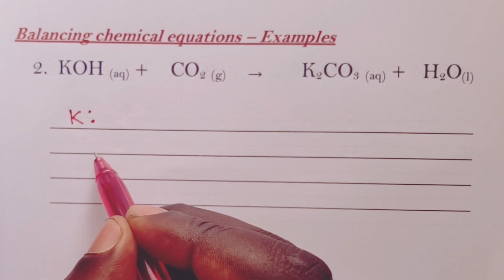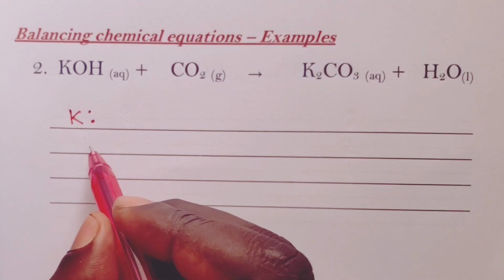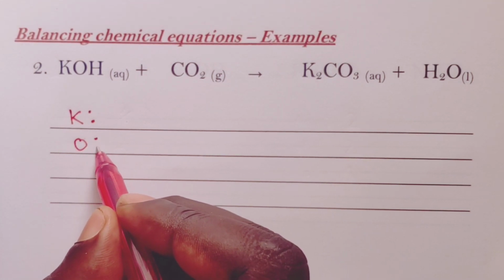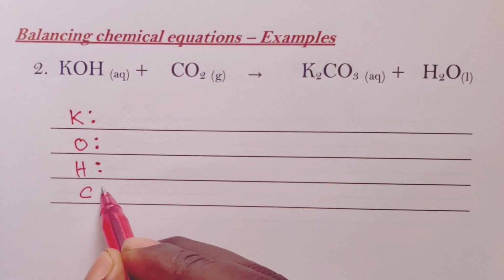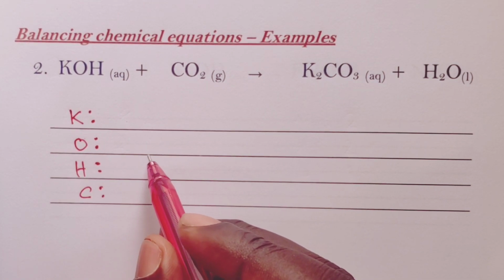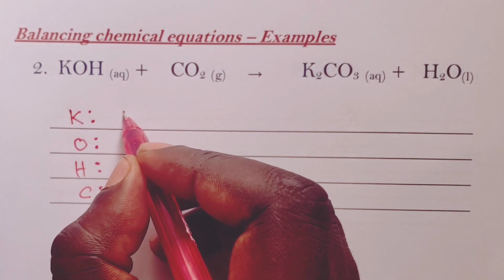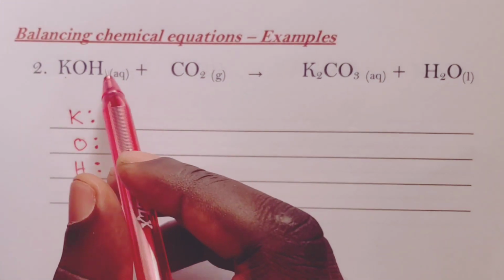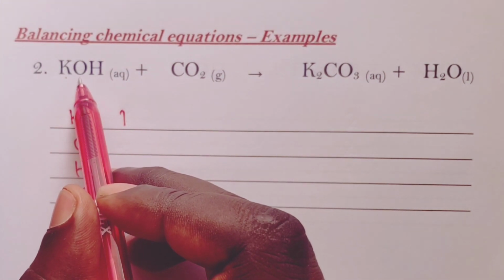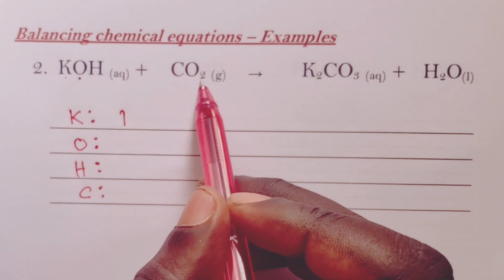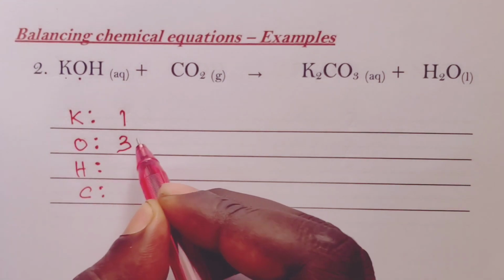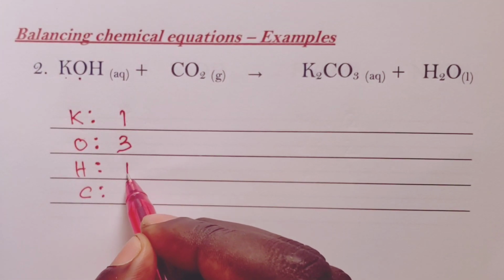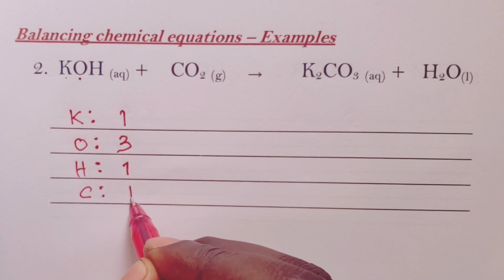Beginning with the reactant side, we have potassium, oxygen, hydrogen, and carbon. On counting, I realize potassium I have 1 only here, oxygens I have 1 here, and 2 in carbon dioxide, making a total of 3. Hydrogens I have 1, carbon also 1.